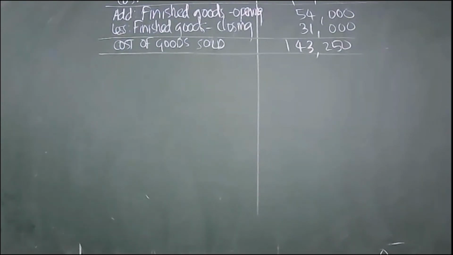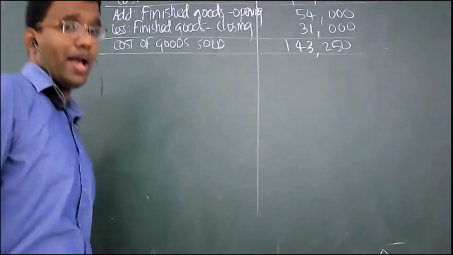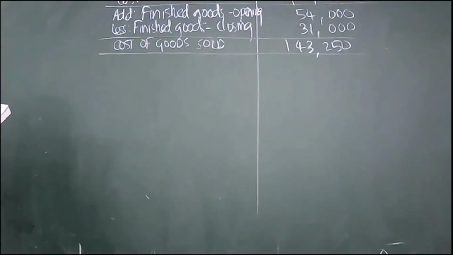We still have some more steps to go before we finish off the cost sheet. Now we have to consider all our selling and distribution overheads. What are the selling and distribution overheads that we have?